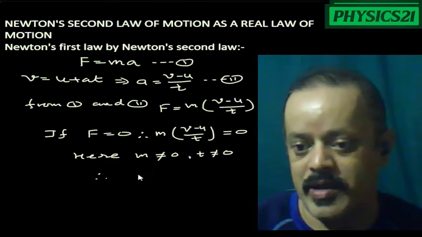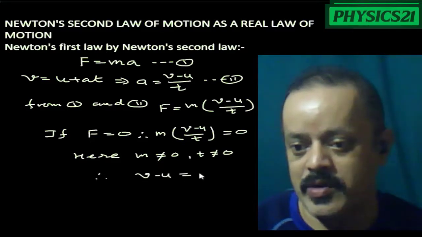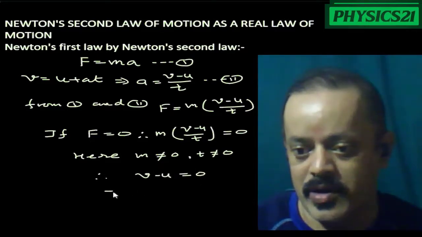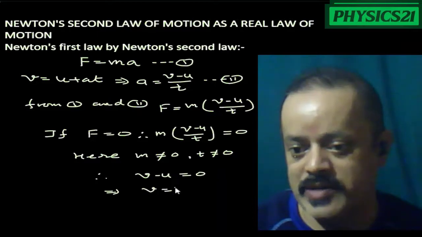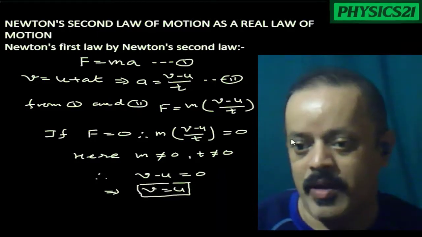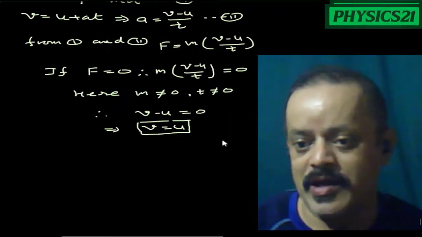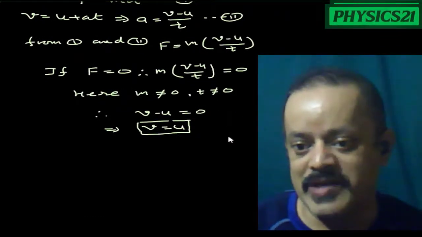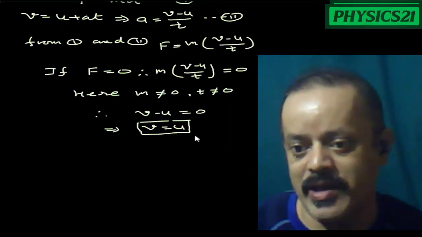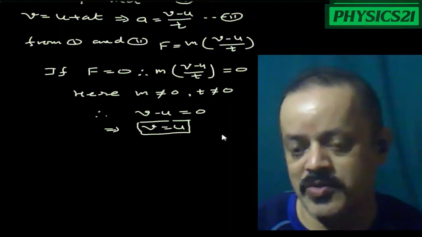That means v - u = 0, or v = u, which is Newton's first law of motion. If v = u, then there is no change in the velocity of the body. For example, if initially the body was at rest, then it will stay at rest if there is no force.